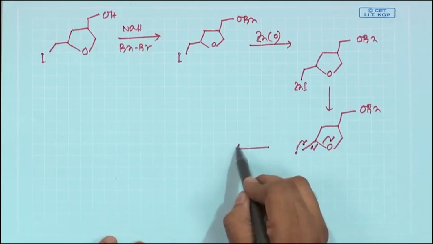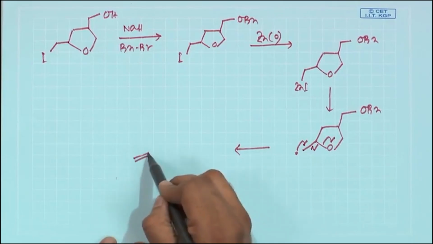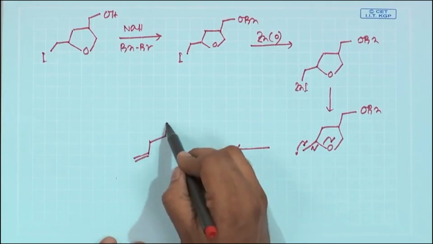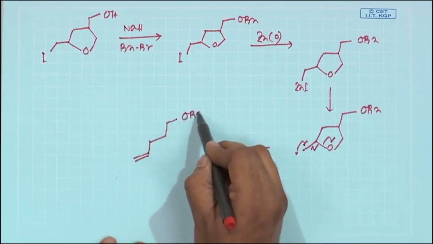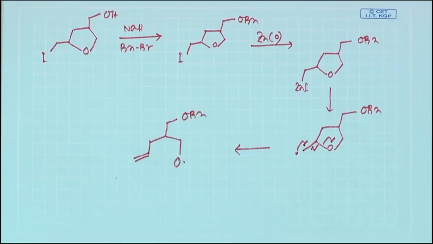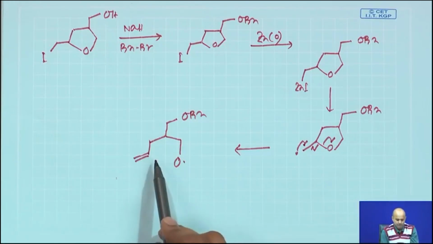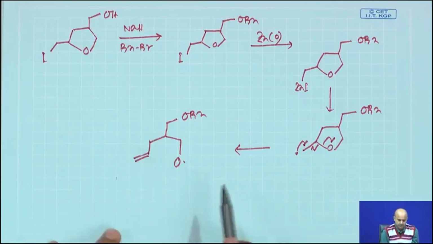So, you will get a double bond here, OBN, and you get these things. So, this is the reaction which is the main reaction responsible for the desymmetrization.